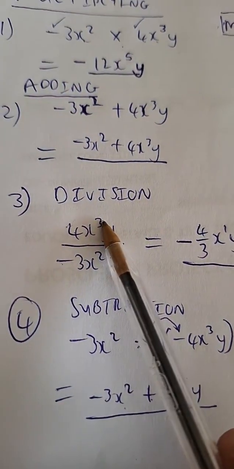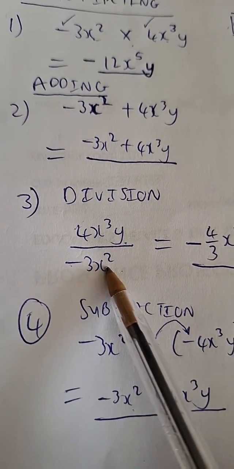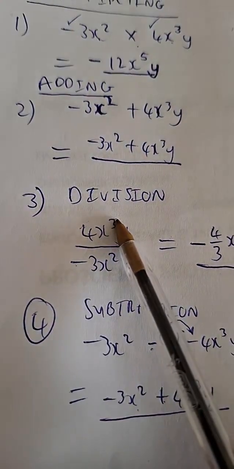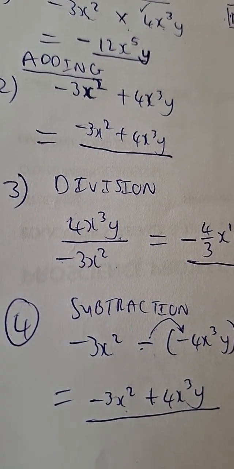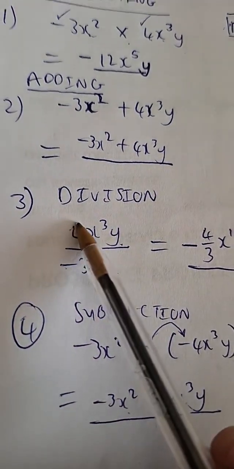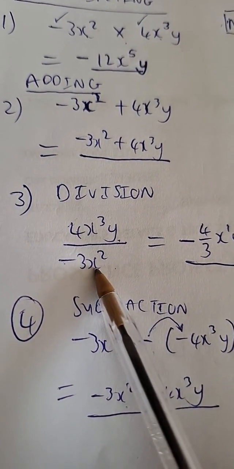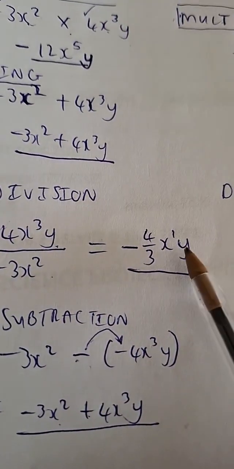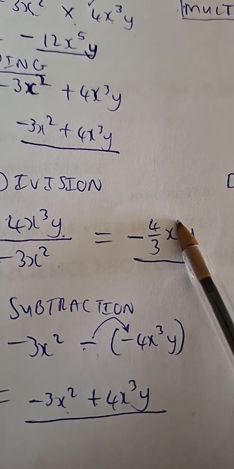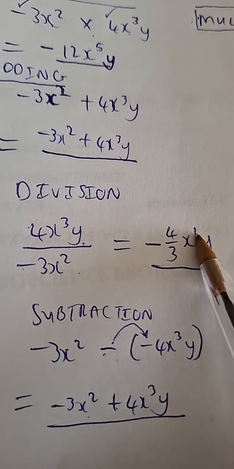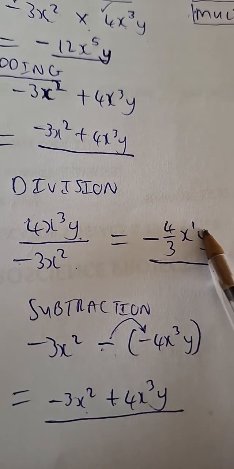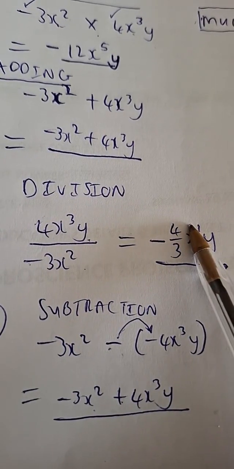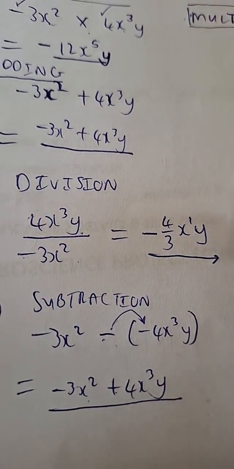Then the letter x cubed divided by x squared. When we are dividing same bases, we must remember the laws of exponents as well. We keep the base, as Sivio says in the comment section, and then we subtract the exponent. So that's why we have x to the power 3 minus 2, which gives us 1. Okay, and obviously that 1 can be written there, or it can be made to remain invisible.